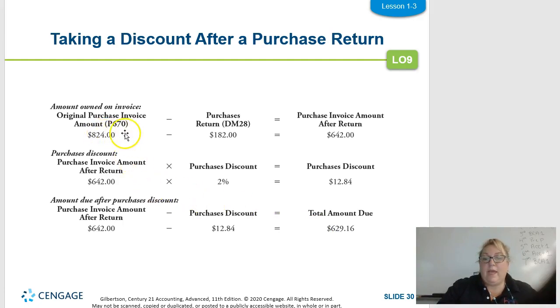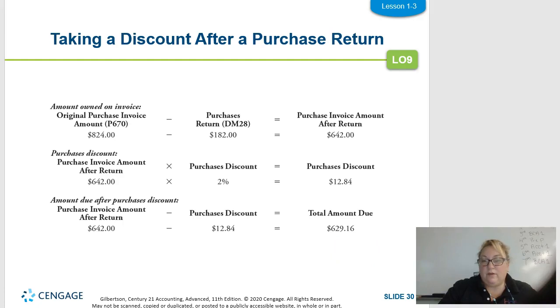So it went from $824. This DM, that's the debit memo that was recorded in the general journal, and posted and already reduced from the account. And then we're going to pay for just what's left.